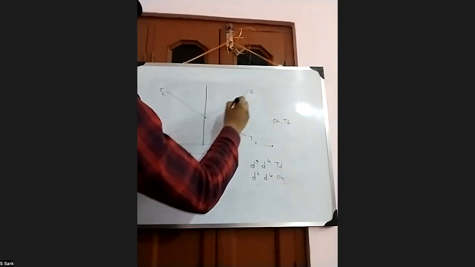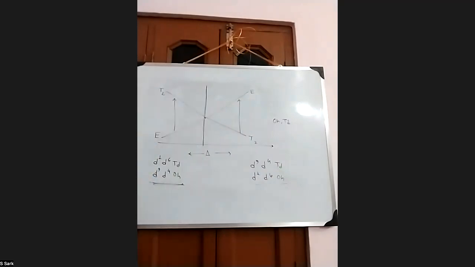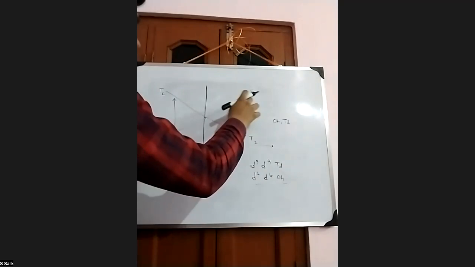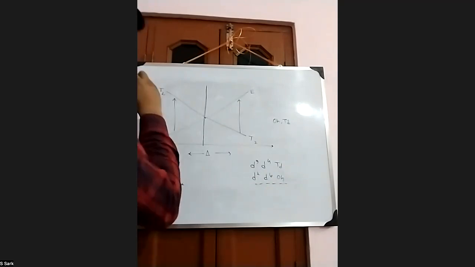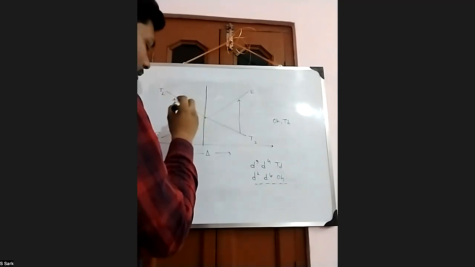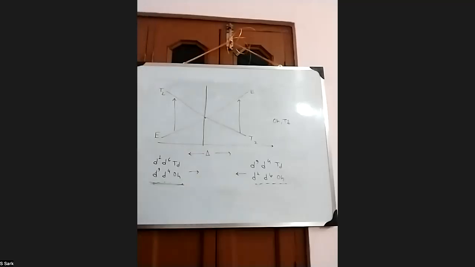We have plotted this diagram because the ground state term of d9, d4, d1, d6 is D, and for D the Mulliken term symbols are E and T2.